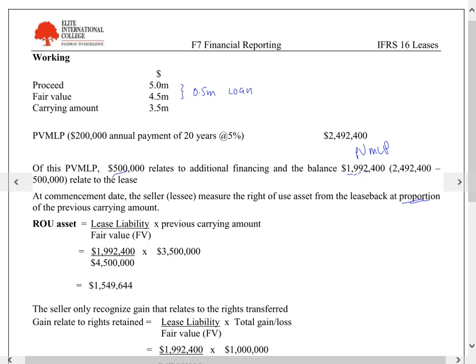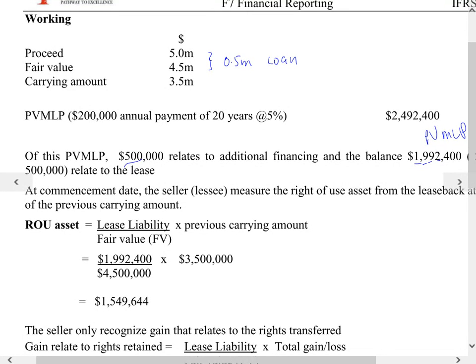Here, formula lease liability 1992 out of the fair value. I sell 45, I lease back 19. Okay, how many percent is that? I sell 45, I lease back 19.